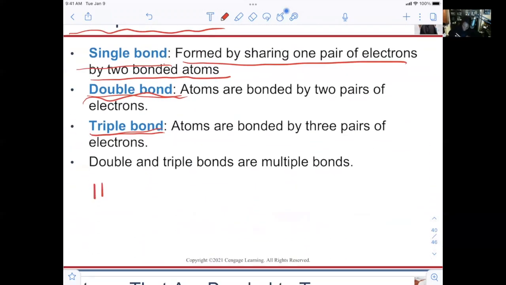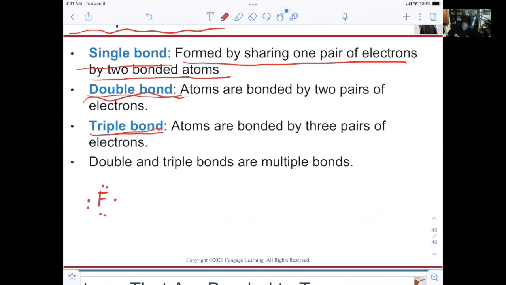Let me stick with something more relevant, bonds that form an octet. Like we mentioned earlier, fluorine in group 7 is surrounded by 7 electrons.